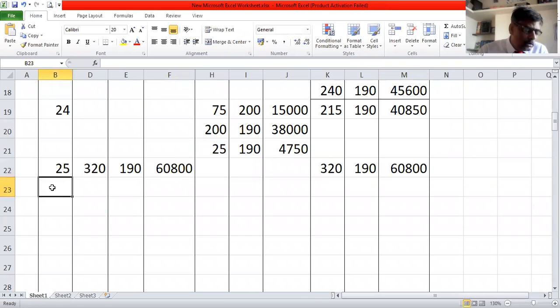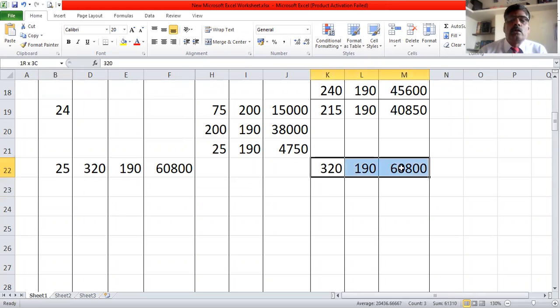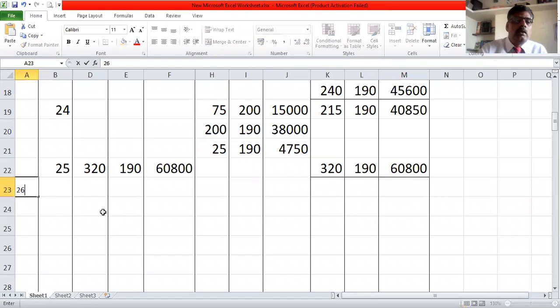Then on 26th there is an issue, so you put an underline for the balance. Then you take the date, 26. You have to issue 115 tons.